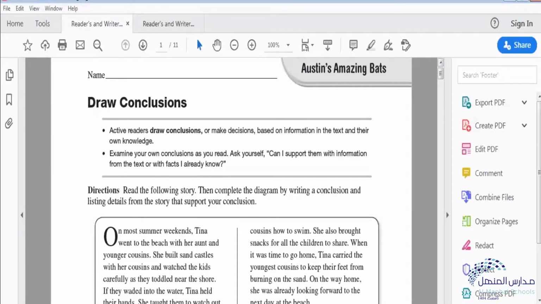She taught them to watch out for big waves, and she showed the older cousins how to swim. She also brought snacks for all the children to share. When it was time to go home, Tina carried the youngest cousins to keep their feet from burning on the sand. On the way home, she was already looking forward to the next day at the beach.